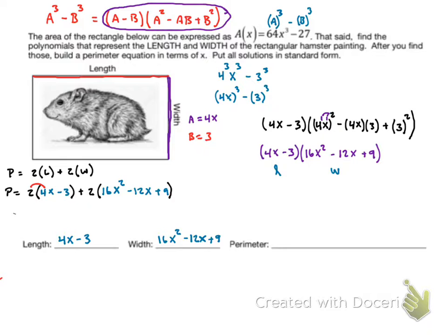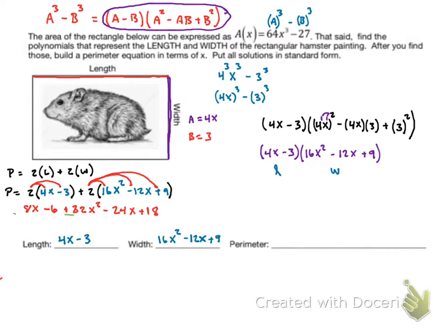2 times 4x gives us 8x minus 6 plus 32x squared minus 24x, and then 2 times 9 is 18. So let's go ahead and write out our perimeter in standard form.